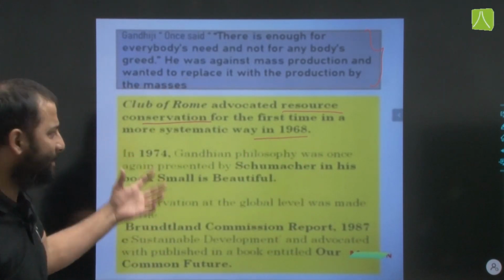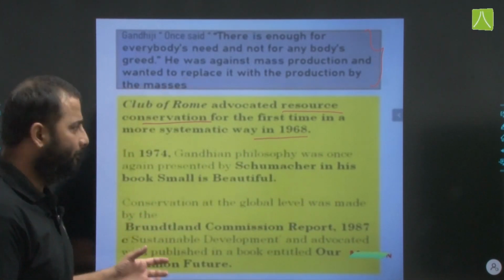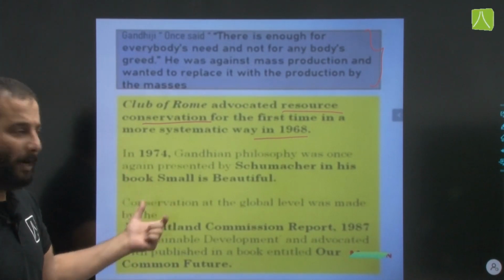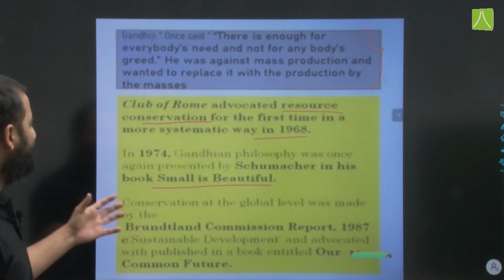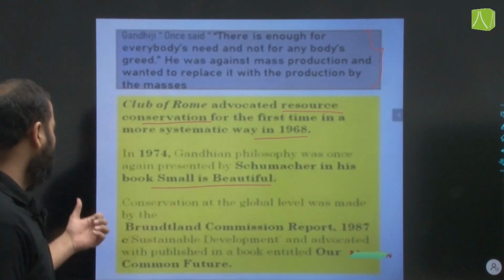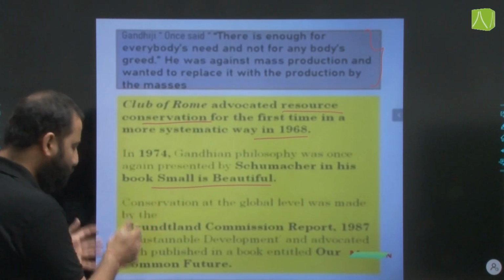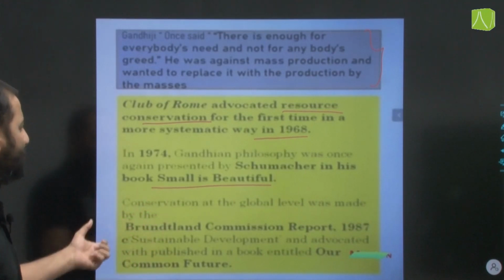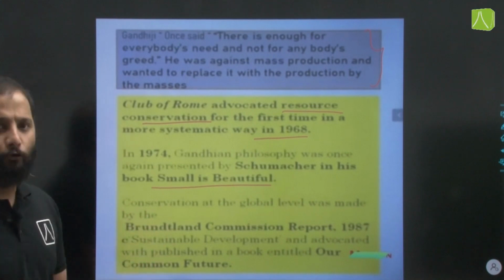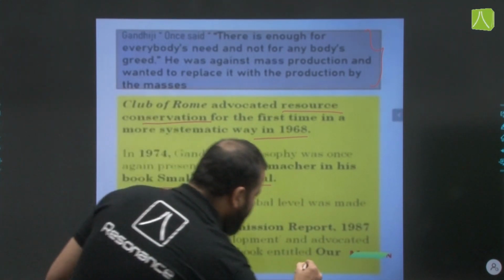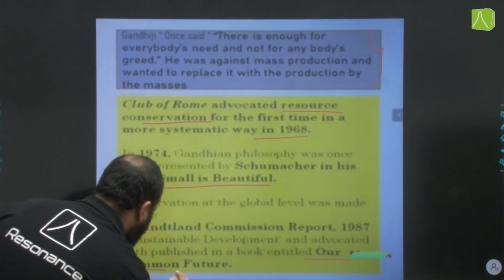Then in 1974, Gandhian philosophy was used by Schumacher in his book known as Small is Beautiful, and conservation at the global level, again the Brundtland Commission report coined the term sustainable development and advocated Our Common Future, a book entitled Our Common Future.